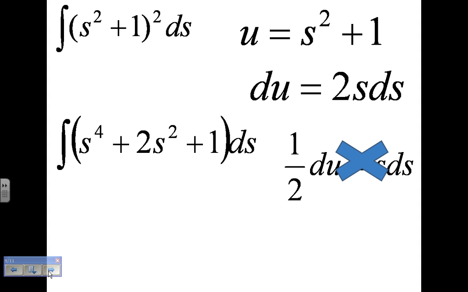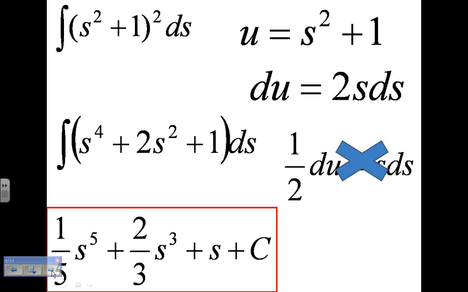It doesn't apply to every single problem with parentheses, but if it doesn't apply, it tells you exactly how to do it. You have to go back to one of the two ways, either the trig functions inside the front cover or the individual power rules for all the polynomials. So this one's 1/5 s to the 5th plus 3s cubed plus s plus c. Nice. Okay. Questions on that?